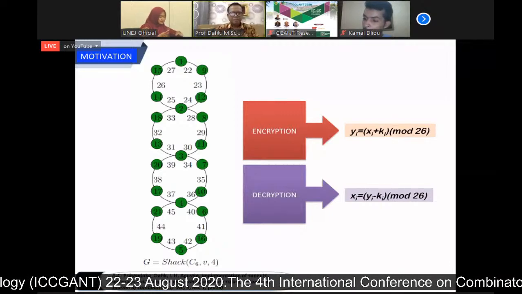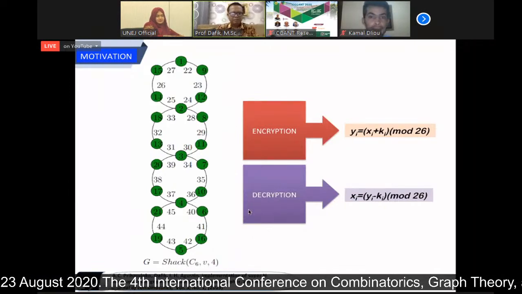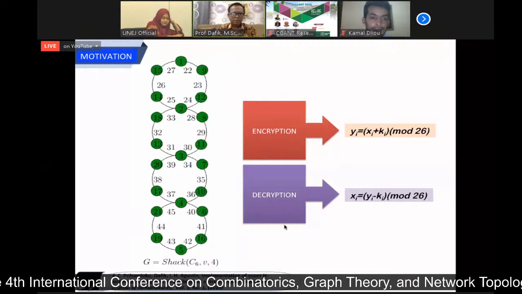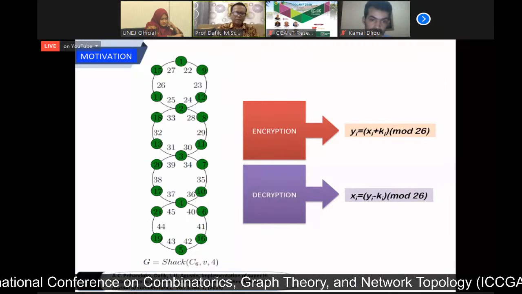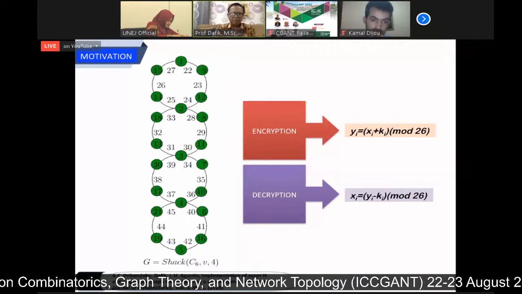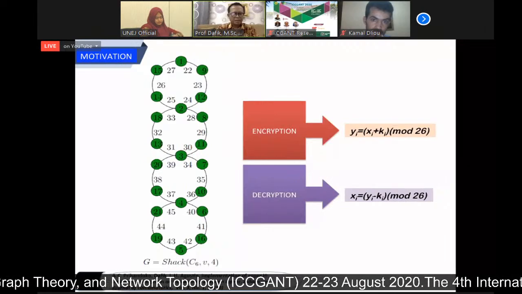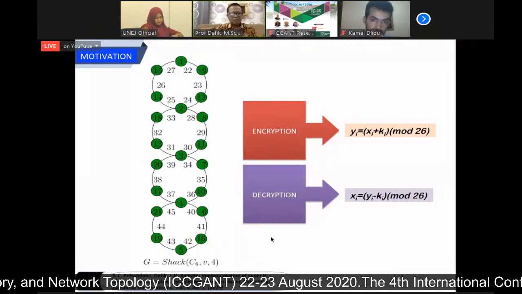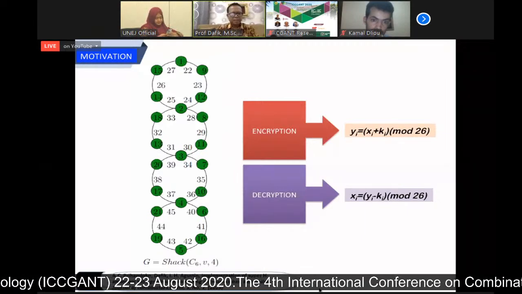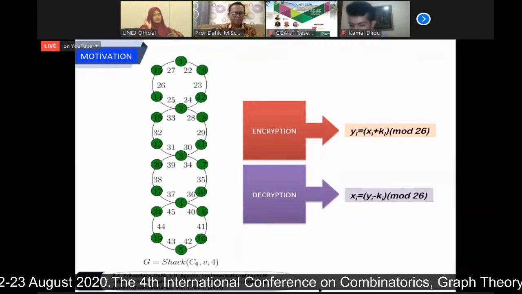This is an example already published by Prihandoko and me, and also Ibu Ika, in the Indonesian Journal of Combinatorics. The title is Super H Anti-Magic Total Graph on establishing a stream cipher.